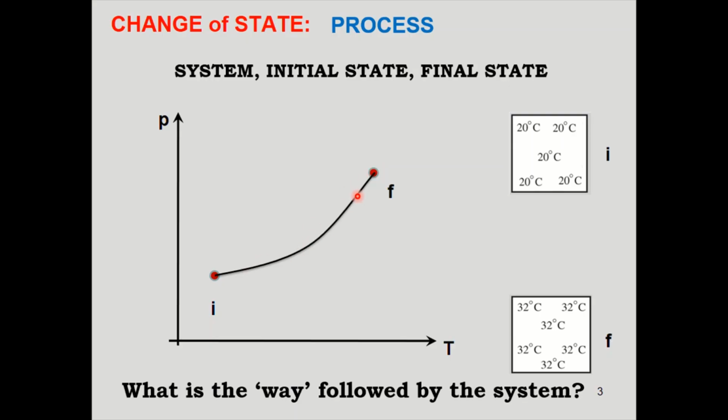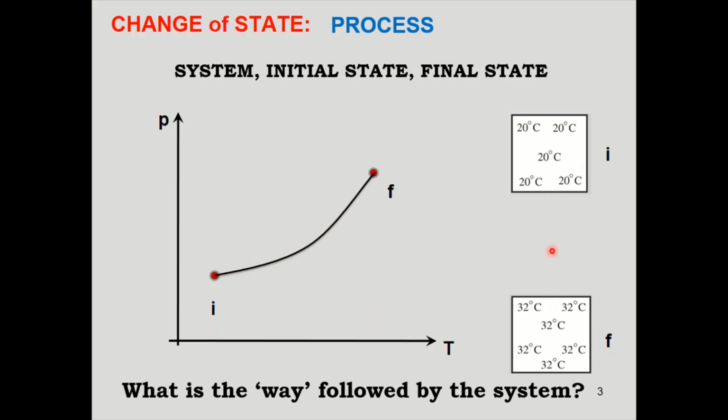If I say this is the path followed, the question you can raise is, how do you know that at any intermediate point, say here, the temperature will be this and the pressure will be this? Whenever you mention a path, that means you know everything about all intermediate points, as I am showing by the laser pointer. You know everything about the intermediate points, but we don't.